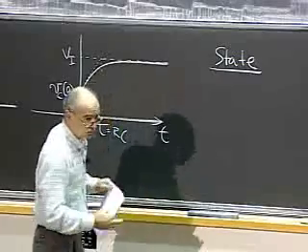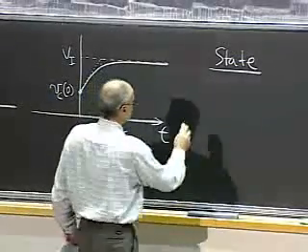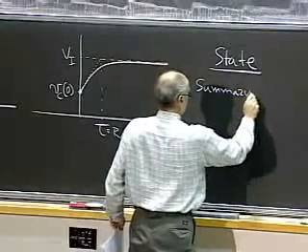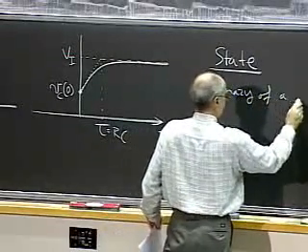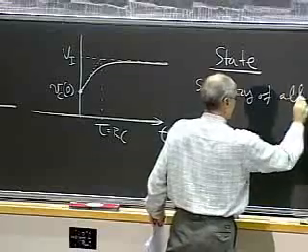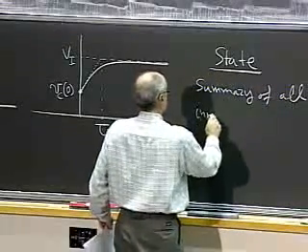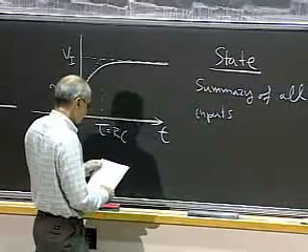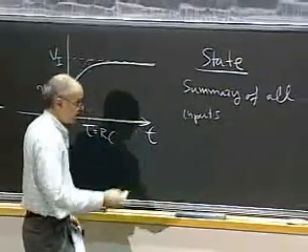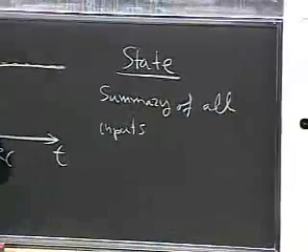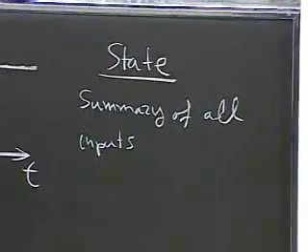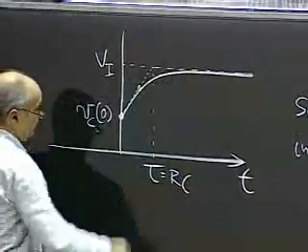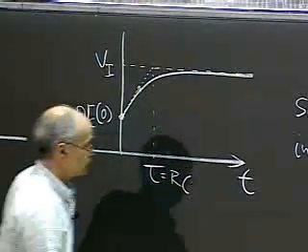Okay? What is the state of the capacitor? The state is the summary of all inputs that are relevant to predicting the future. Okay? If I know the state of the capacitor at this time, I can predict where it's going to go, given a response Vi here in the future.